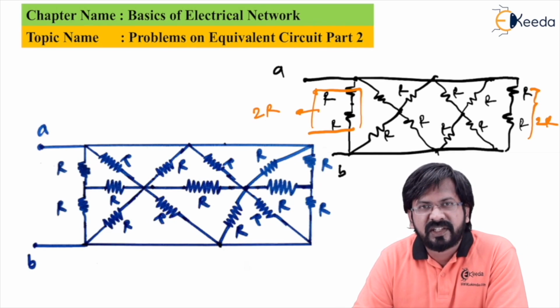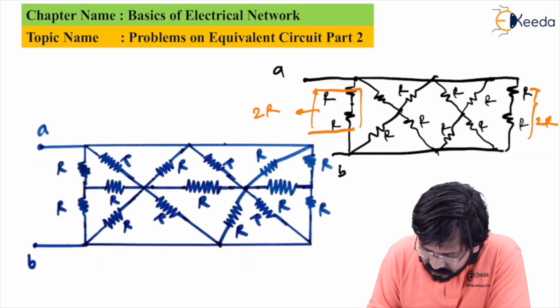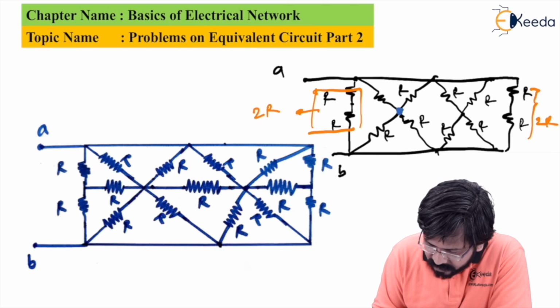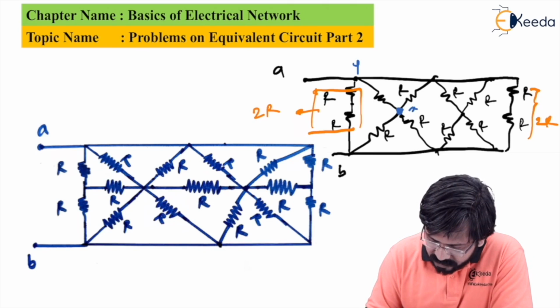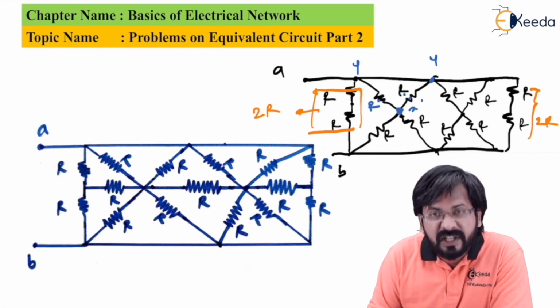Let us see what happens with the remaining resistors. Observe these two resistances. Let us consider this point as X. Let us consider this point as Y. Now as you can see, this resistor R and this resistor R are connected in parallel with each other.